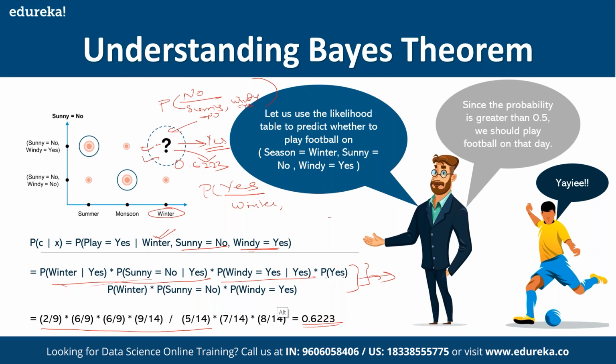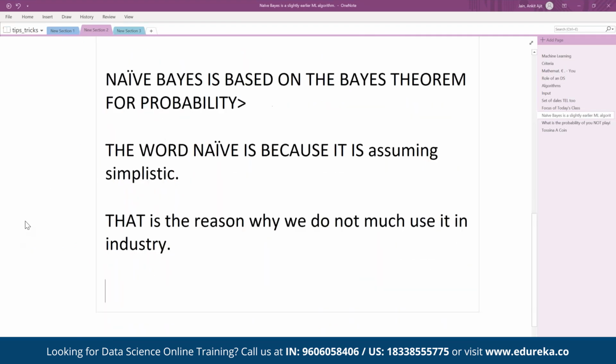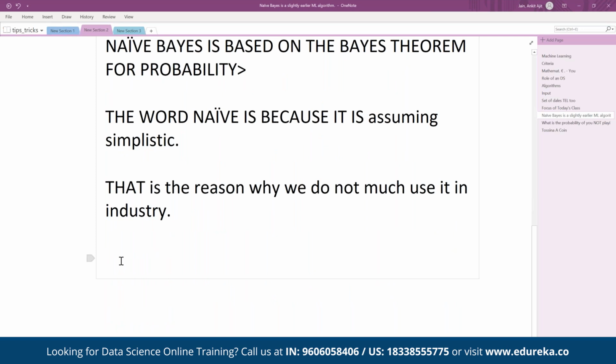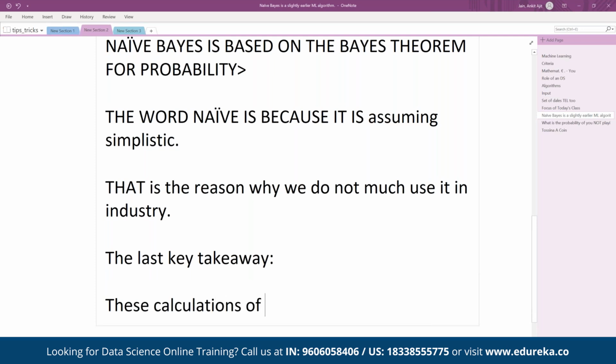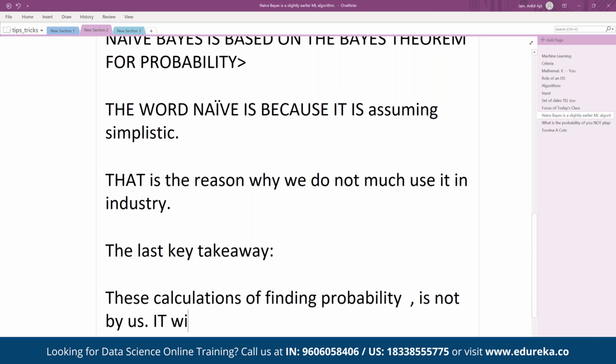Now I hope the basics are very clear. The mathematical part may require some more understanding or practice. The last key takeaway for you is that these calculations of finding probability are not done by us. Who will do this? It will be done by the machine.